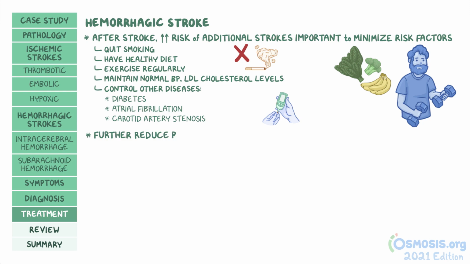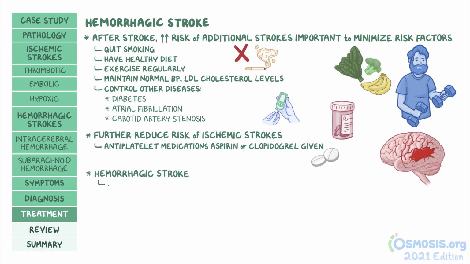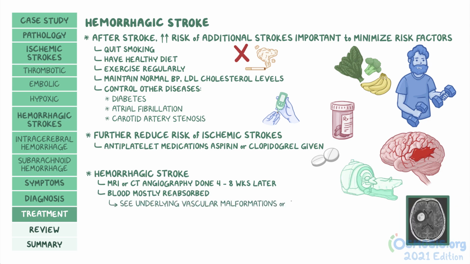To further reduce the risk of ischemic strokes, antiplatelet medications such as aspirin or clopidogrel are given. For hemorrhagic strokes, an MRI or CT angiography is usually done 4 to 8 weeks later, because at that point the blood has been mostly reabsorbed, and it's possible to see underlying vascular malformations or evidence of a brain tumor.